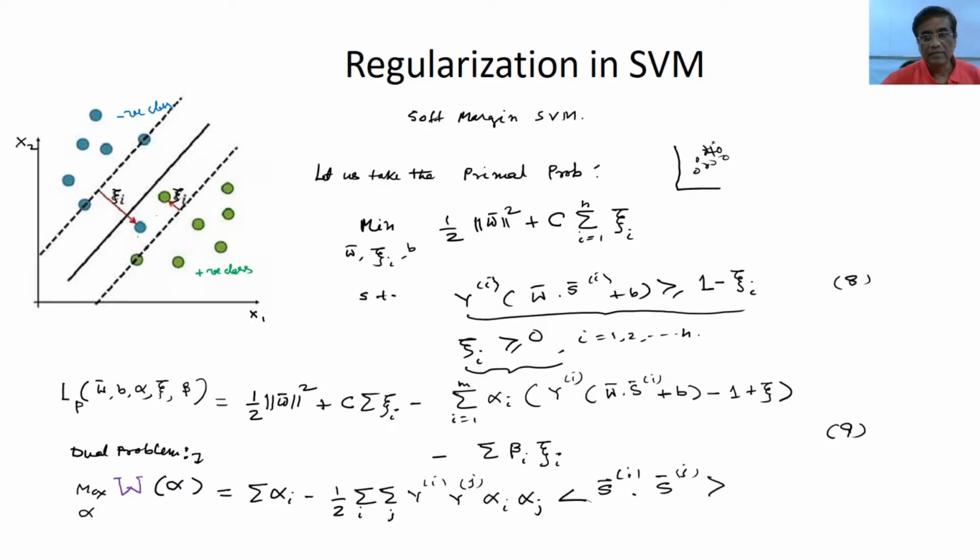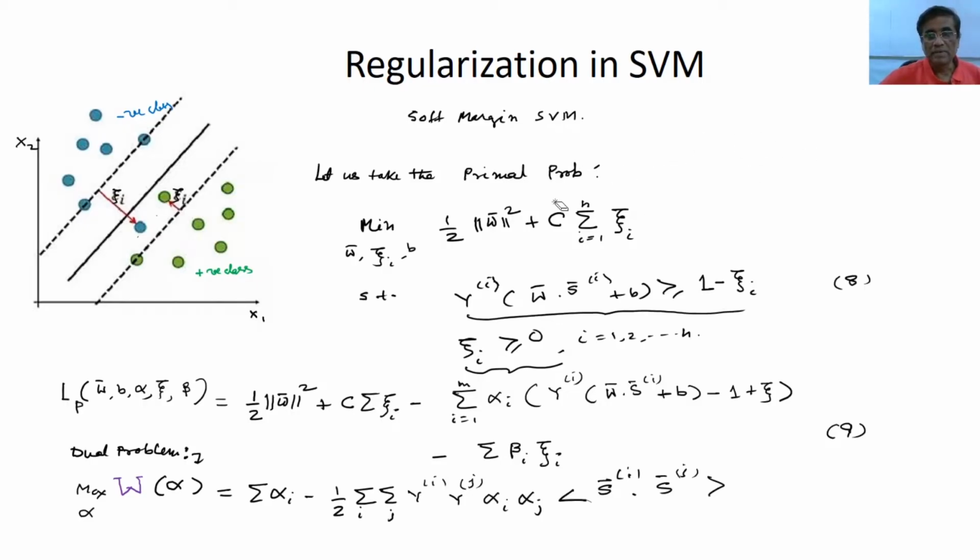Okay, if you have data like this, the width of the gutter will be shrunk in such a way that it will reduce to a normal classifier like other tools such as logistic regression and all.